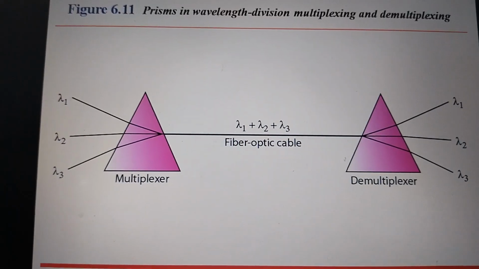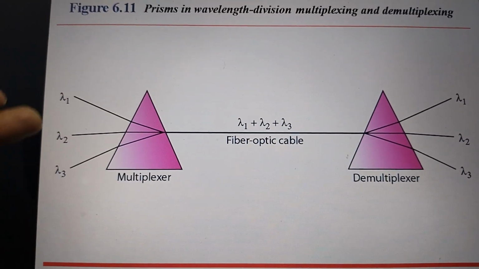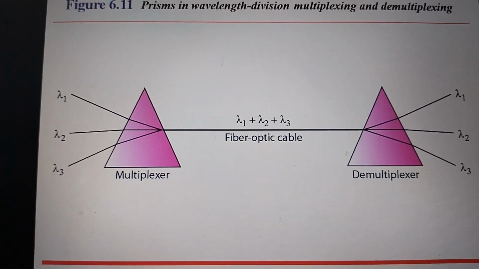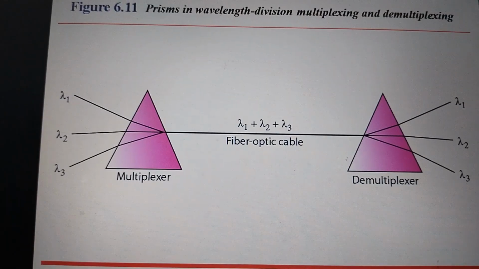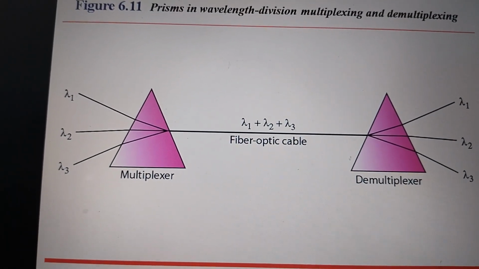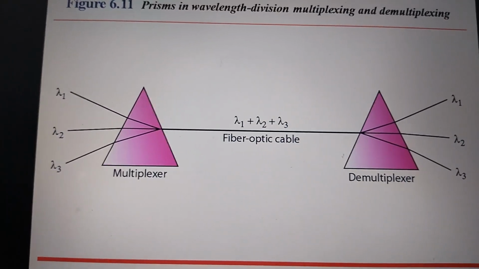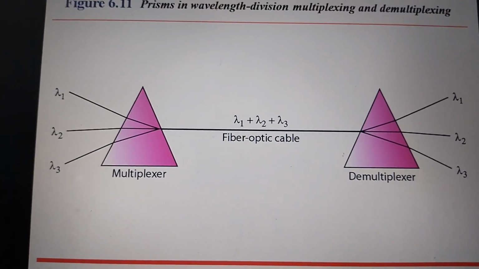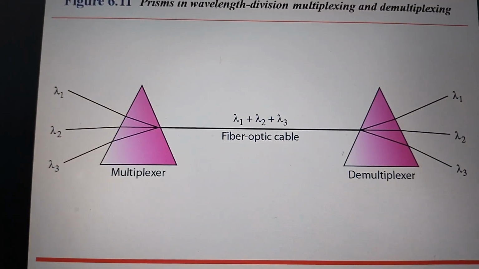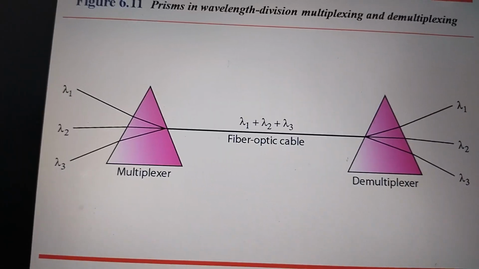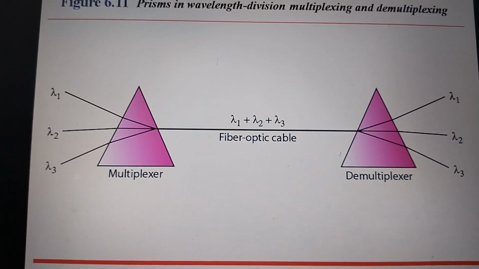The prism is at the center, receiving the three frequencies and passing them through the multiplexing prism. Here the prism works as a multiplexer, and the combined signals in the fiber optic cable are lambda 1 plus lambda 2 plus lambda 3, and these signals travel from sender to receiver.